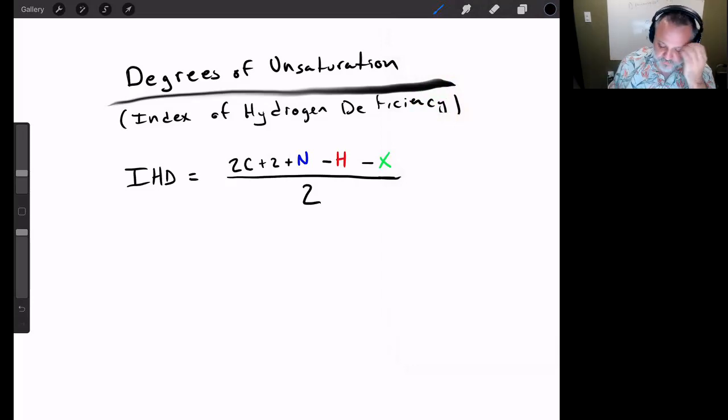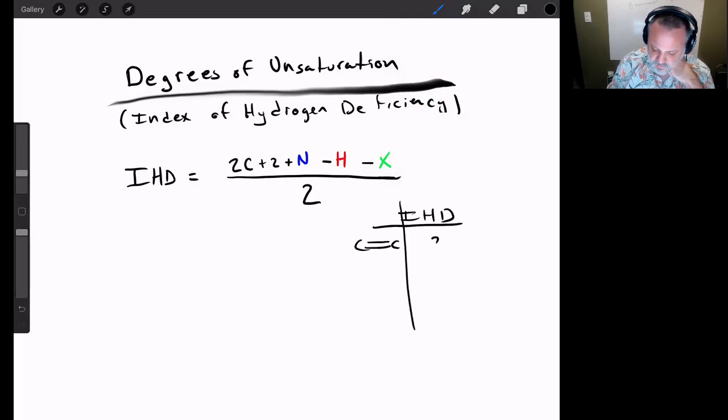And what we looked at before is that if you want to have a double bond, then you need an index of hydrogen deficiency of 2. Now, if there were 2 double bonds, remember from the previous example, when we drew the structures that had 3 carbons, for each time you draw a double bond, you remove the possibility of having 2 carbons in that structure.